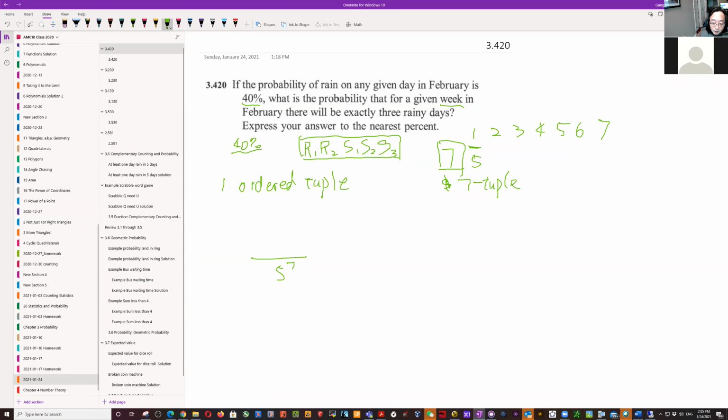First we need to choose from 1 to 7, choose 3 positions to put the rains.